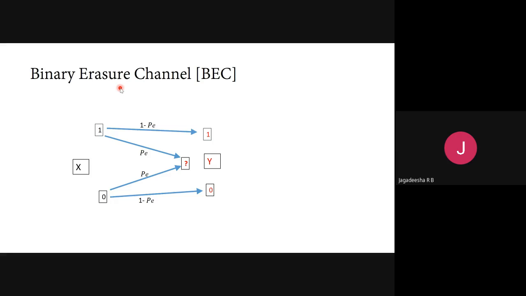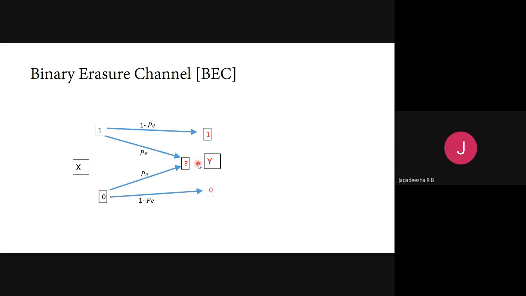So why do we use the word erasure? It erases the error. There was an error here. That error was not clearly decoded; due to this error, the symbol was not clearly decoded by the receiver. As a result, there were retransmissions until the receiver could actually decode the information.